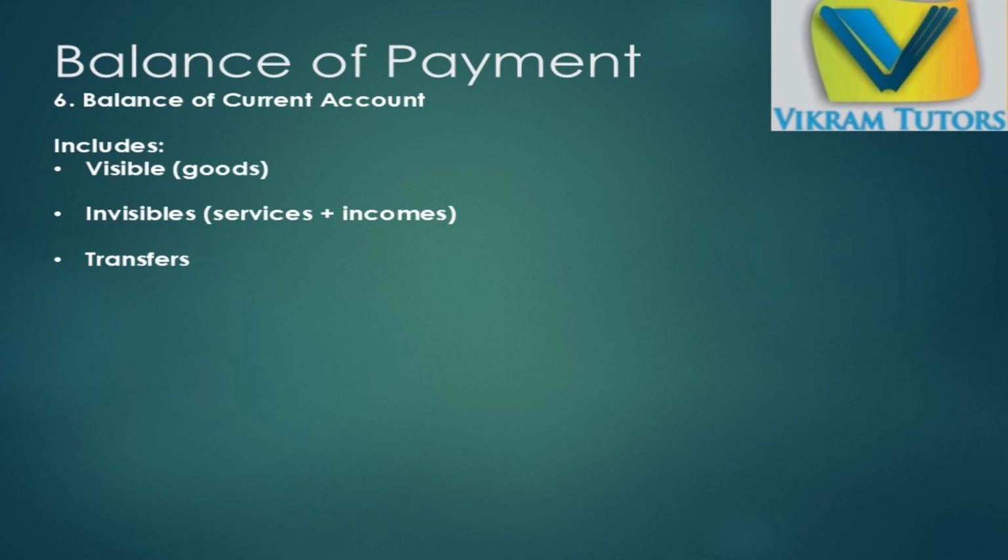Invisibles cover services, including tourism, transportation, and financial services, as well as income flows like dividends and interest payments. Transfers represent one-way movements of money, such as remittances or foreign aid, which do not involve a direct exchange of goods or services. Together, these elements provide a comprehensive view of the economic transactions between a country and the rest of the world during a specific period.